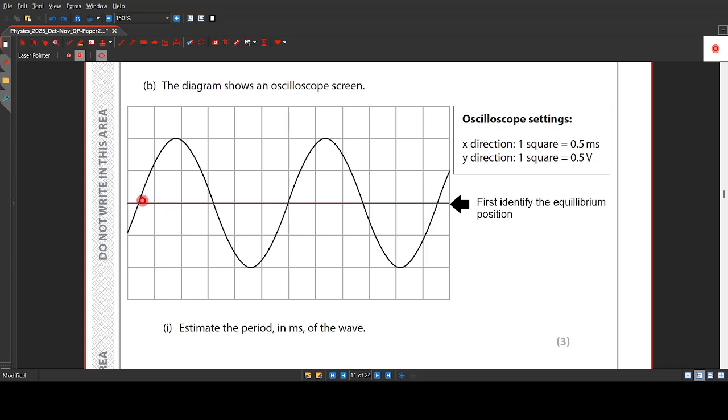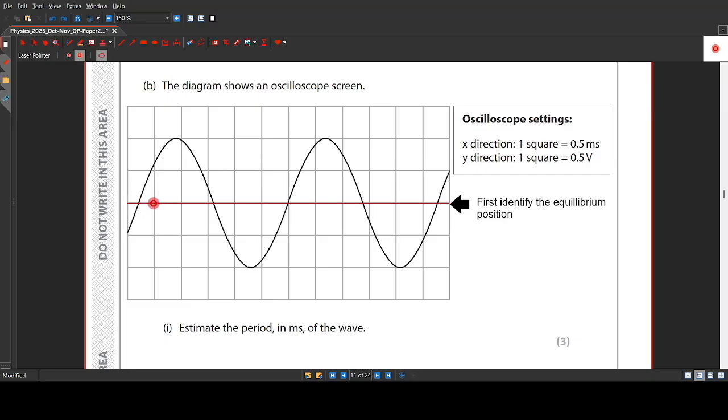But this segment is also a part which fits the wave, but you don't know how much this segment is. So in these situations, we usually estimate that this is, let's say, 60% or let's say 70% of the entire length.